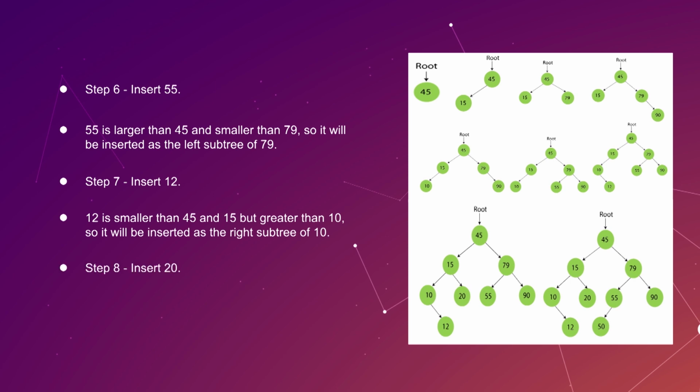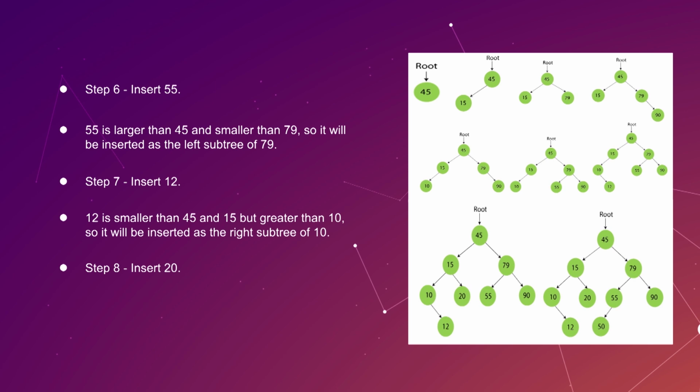So, it will be inserted as the left child of 79. Next element is 12. Comparing with the root item 45, 12 is smaller than 45 as well as smaller than the left successor of the root node, that is 15. So, it will be inserted as the right child of 10.